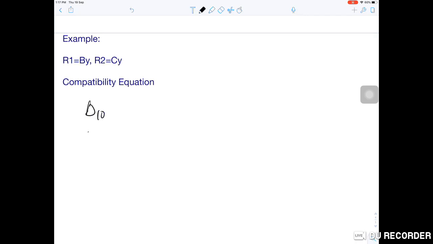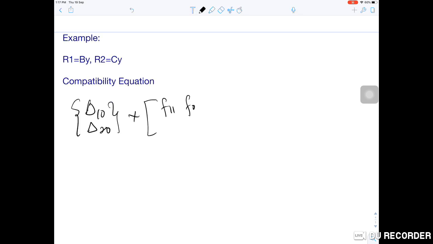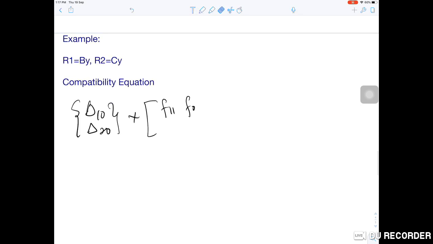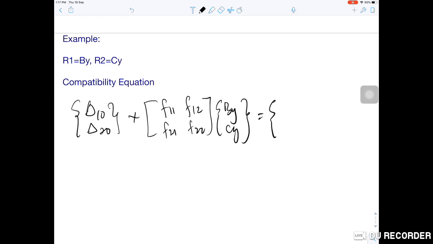Delta 1 naught, delta 2 naught, plus, this is the standard form of the matrix, F11, F12, F21, F22, times, I want to put the name of the redundants right here. I want to put BY here, CY here. Also can be like this. Alright.